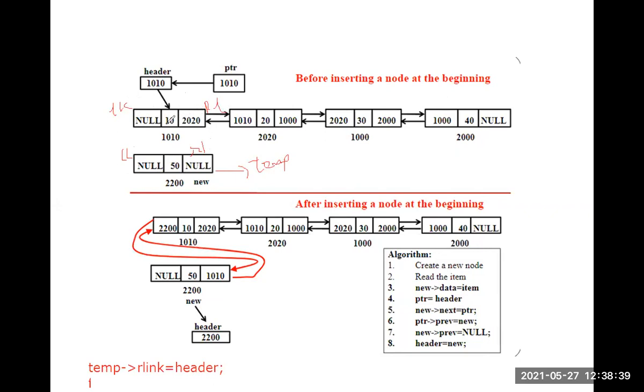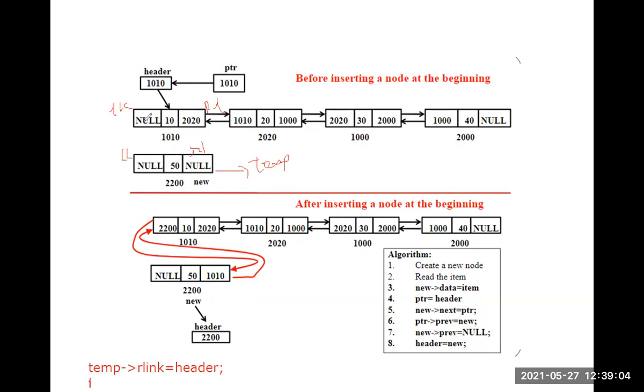Okay, so you want to insert at the front. This node we have to connect, which means this part will contain the next node address, that is 110. That name we call the header. So temp of right link is header. Previously this part is null.